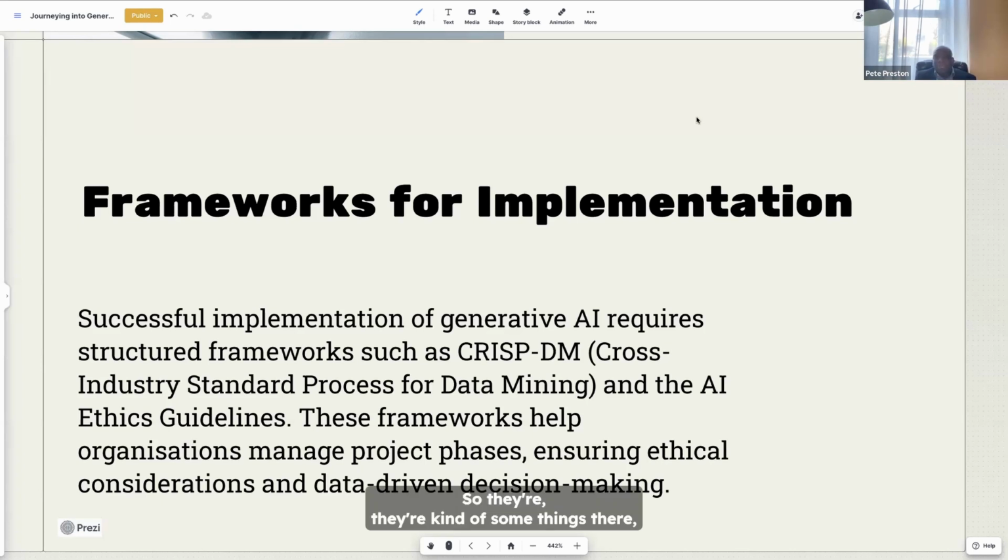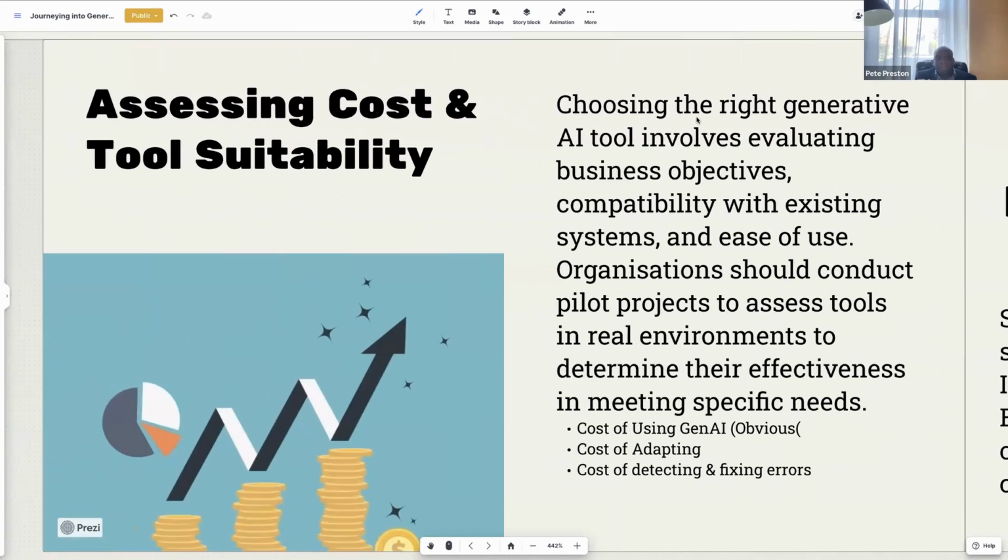So there are some things there, but these frameworks are really there just to help make sure that things work in order. The organizations are now recognizing this and wanting to go a step more to ensure that they're fair, or fairer across the board.